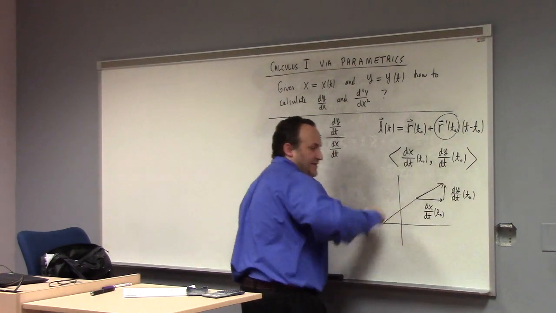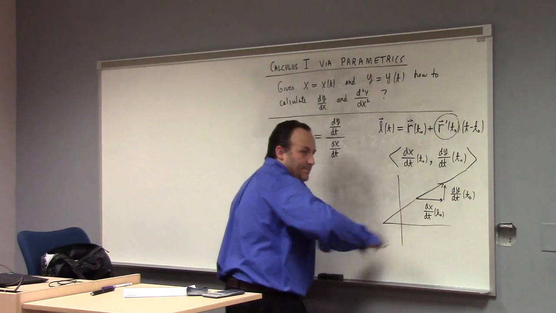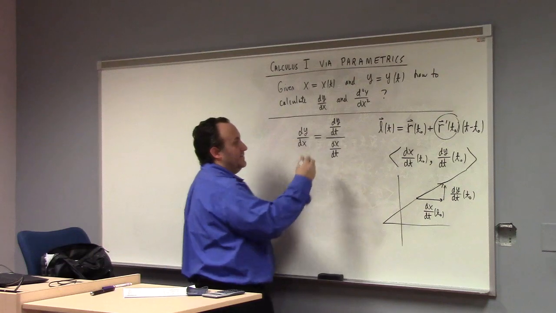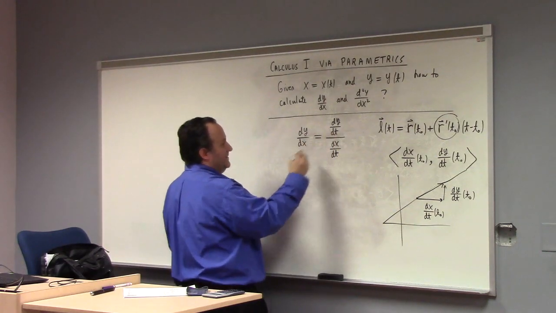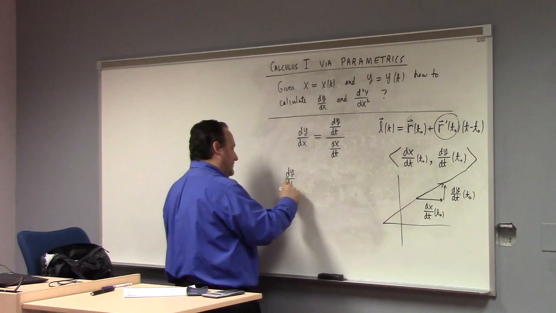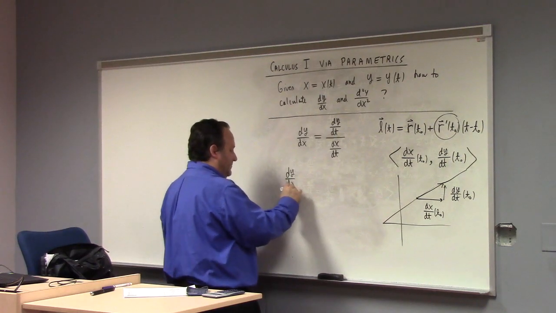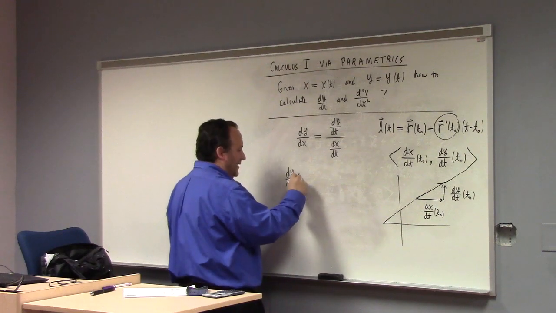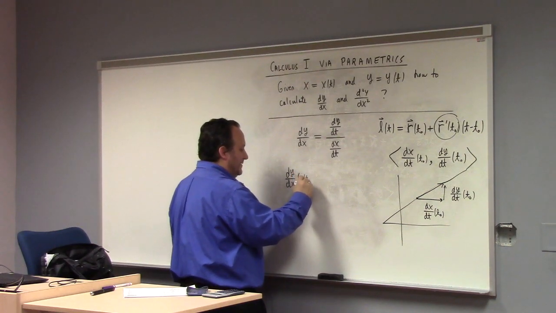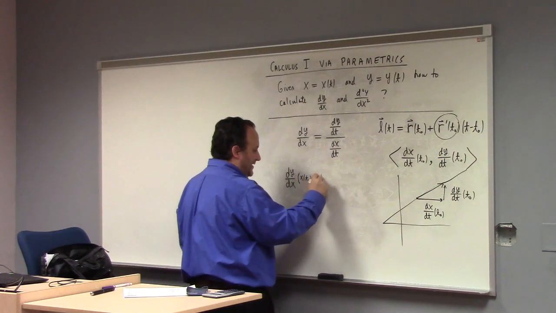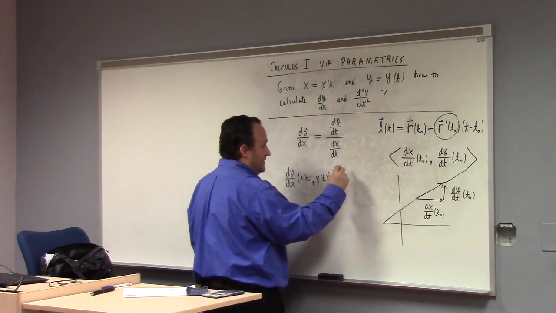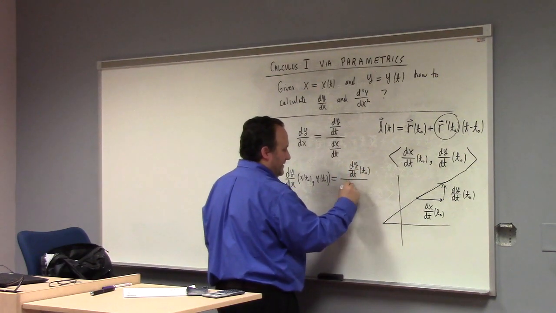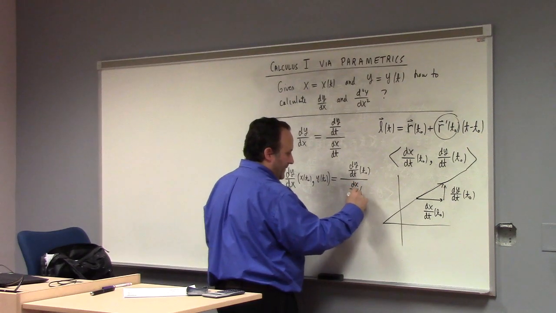What is the slope of the tangent line? Dy dt divided by dx dt. To be more pedantic, dy dx at x of t naught, y of t naught is equal to dy dt of t naught divided by dx dt of t naught.